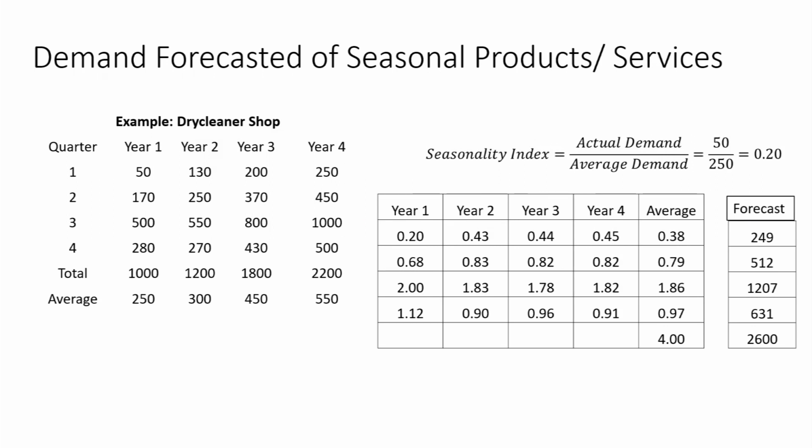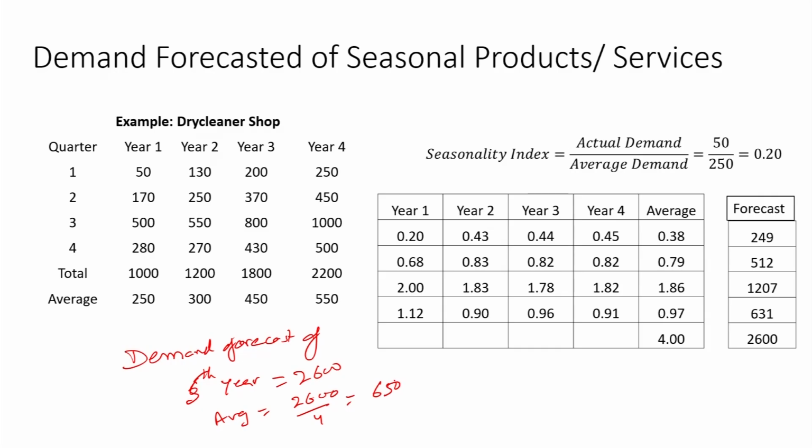Now, based on this, let us say the total demand forecast of the 5th year is 2600. Then the average can be calculated as 2600 divided by 4, which is 650 units.